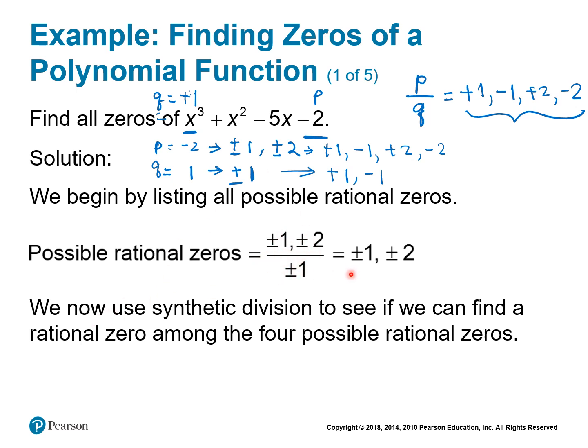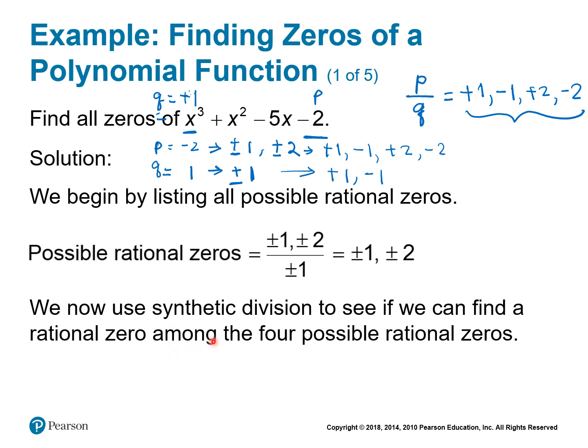So now, to determine out of these four values which ones are going to be actual rational zeros, we will be using the synthetic division method to see if we can find a rational zero among the four possible rational zeros that we have shortlisted.